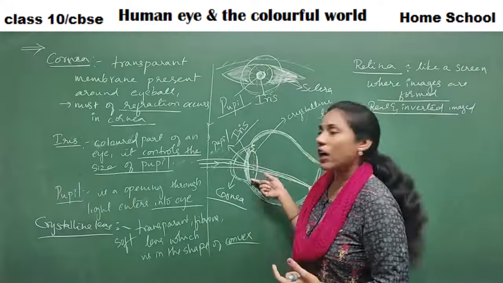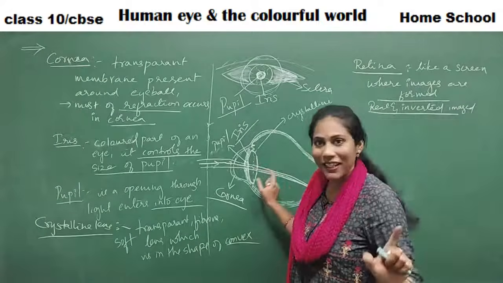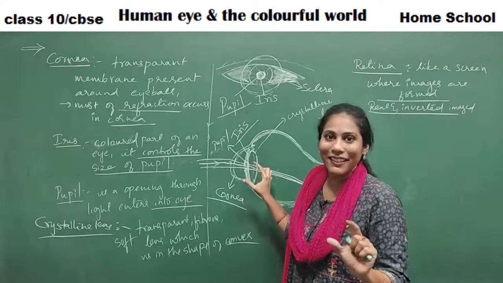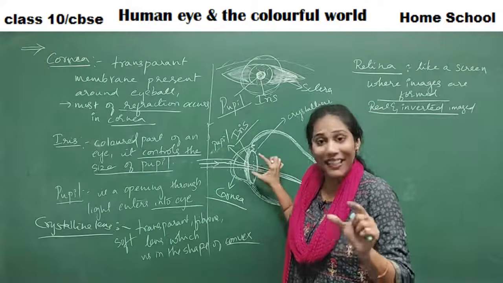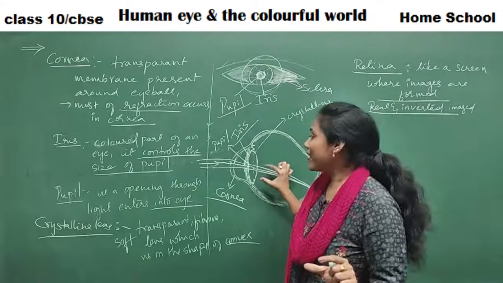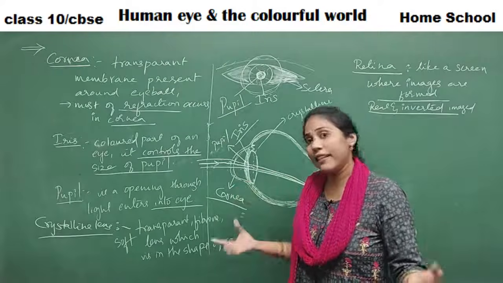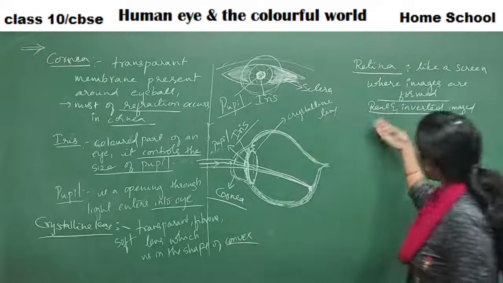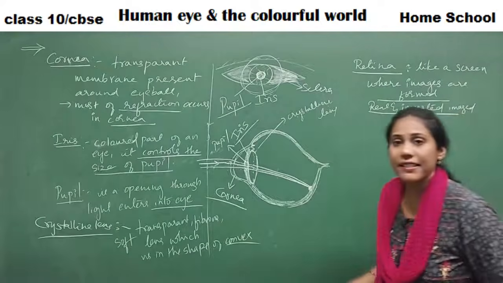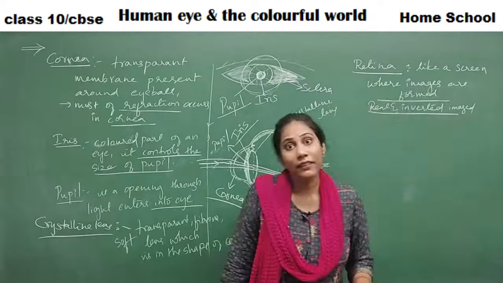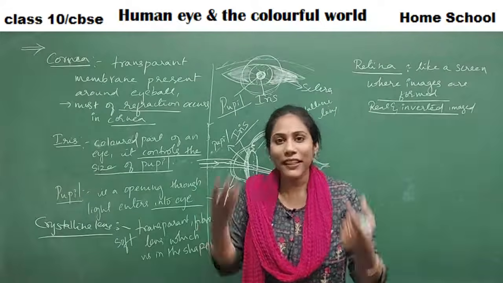This is a natural convex lens which is not made up of glass. It is made up of so many cells, like jelly-like material, a very soft, very delicate structure. It's not glass, and this is a convex lens. Always with a convex lens, real and inverted images are seen. So here the retina is just like a screen. What images are formed? Real and inverted. Then objects are not inverted to our eyes, no?